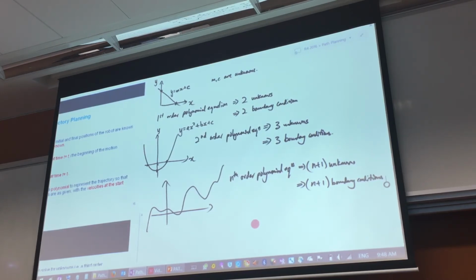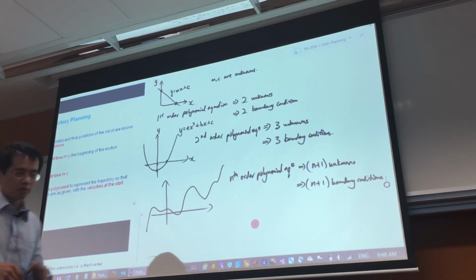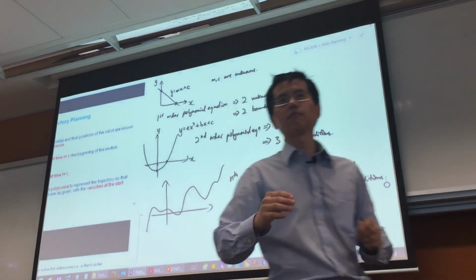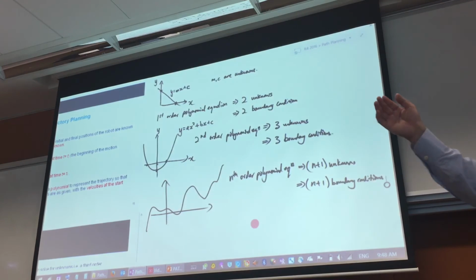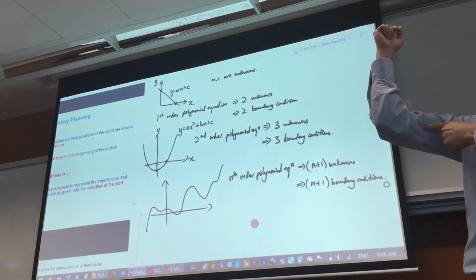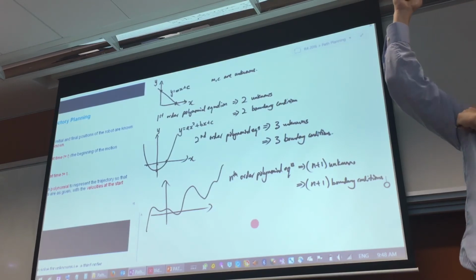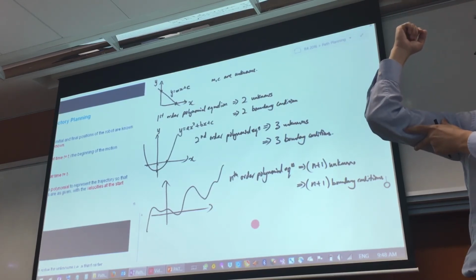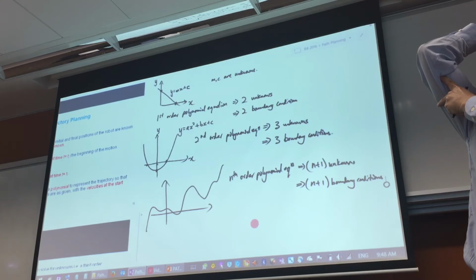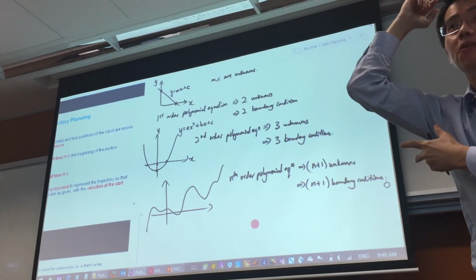So now something a little bit more challenging. For my robotic arm to move from one position to the next position, just focusing on this lower link, from this position to the next position, how many boundary conditions do you think I will have?